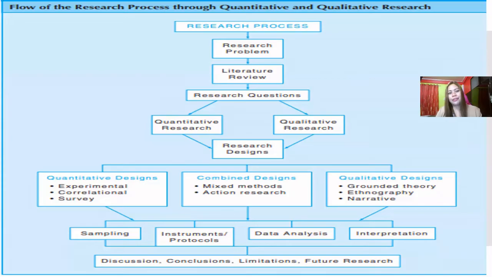The flow of the research process through quantitative and qualitative research is as follows. Regardless of the method, research starts with the topic. You begin with the topic in mind, and with this topic, you concentrate on a particular issue or concern, and we treat that as the research problem.